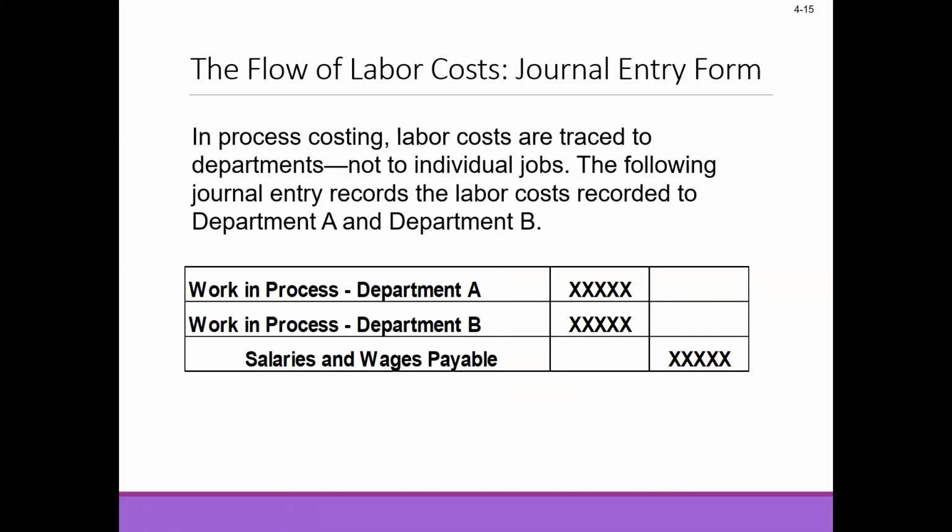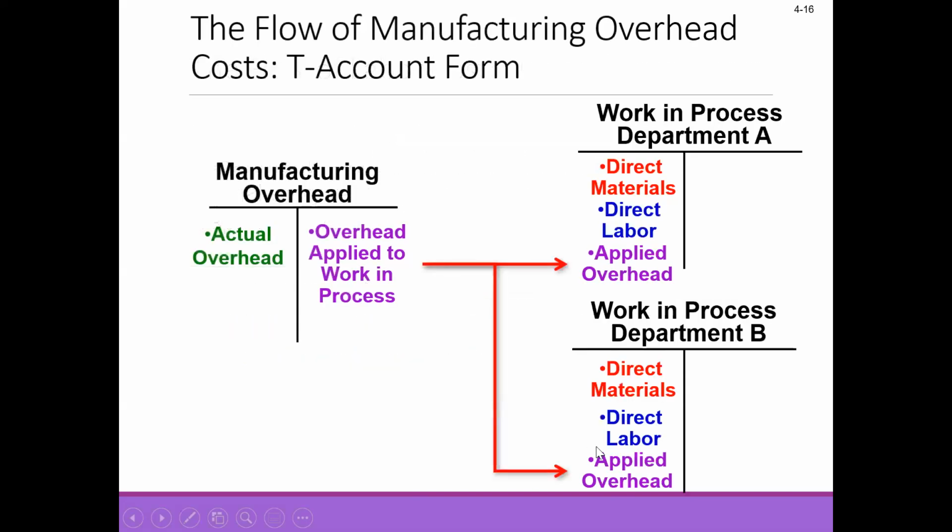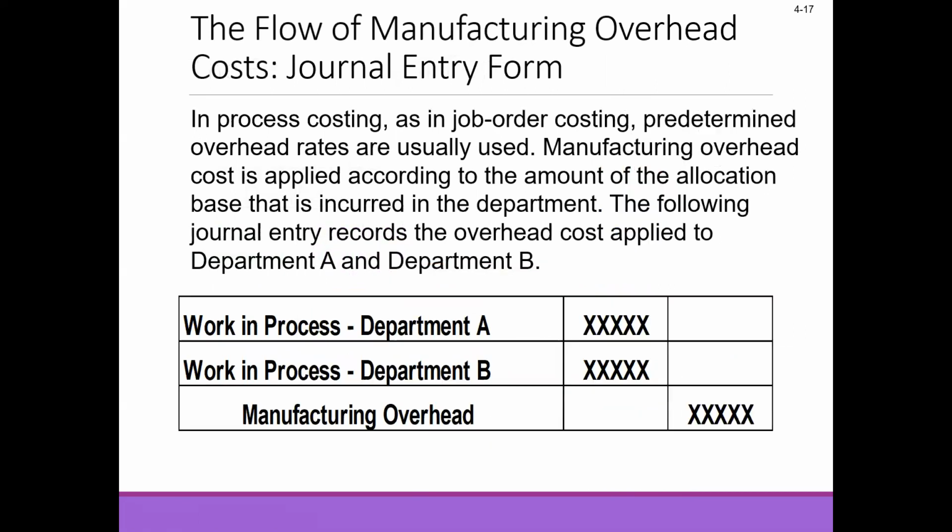In process costing, labor costs are traced to departments, not specific jobs. The following journal entry records the labor costs that are being recorded into two different departments, A and B. Now, when we deal with manufacturing overhead, they also will get applied to different departments. Instead of jobs, they get applied to the various departments.